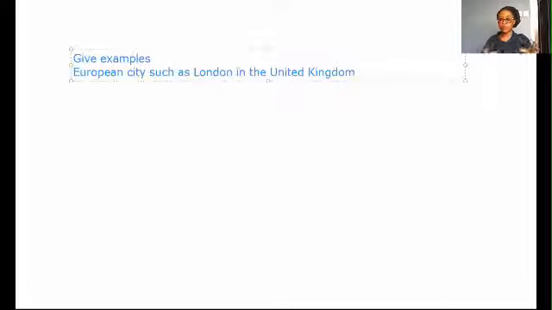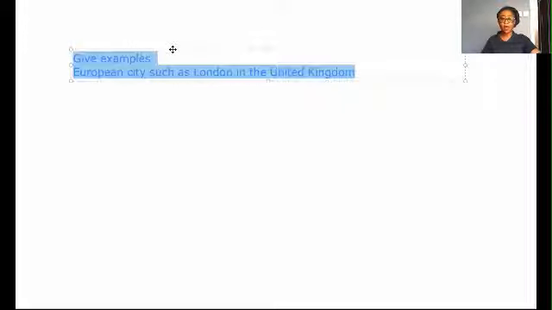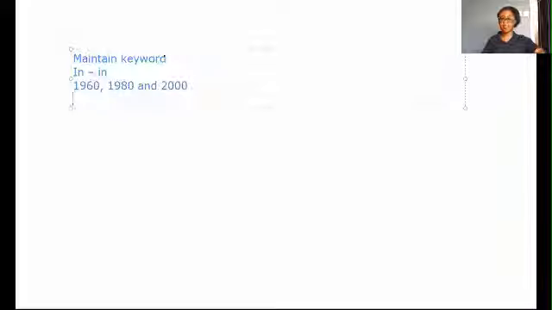So we want to group them together as time frame. If you have time frames or prepositions, you just want to maintain the keyword as such. So in the description, we are looking at the preposition in. You want to leave it like that. You have 1960, 1980, and 2000. You may want to leave that also as was used in the description.